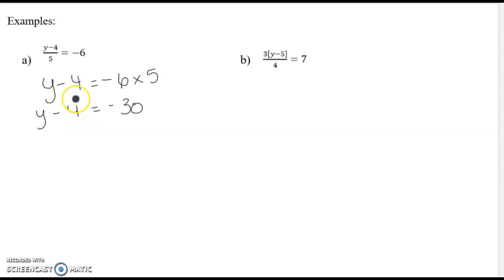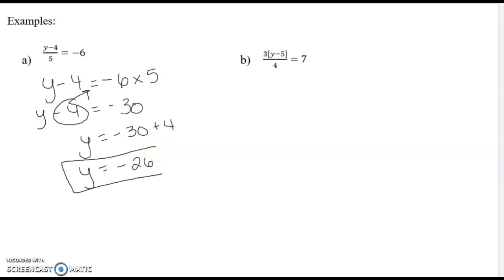So now we want to get rid of this little guy and move it over. So a negative 4 turns to a positive 4. So we're going to have y equals negative 30 plus 4. And then we could figure that out. So y equals negative 30 plus 4 gives us negative 26. And that's our final answer on that one.